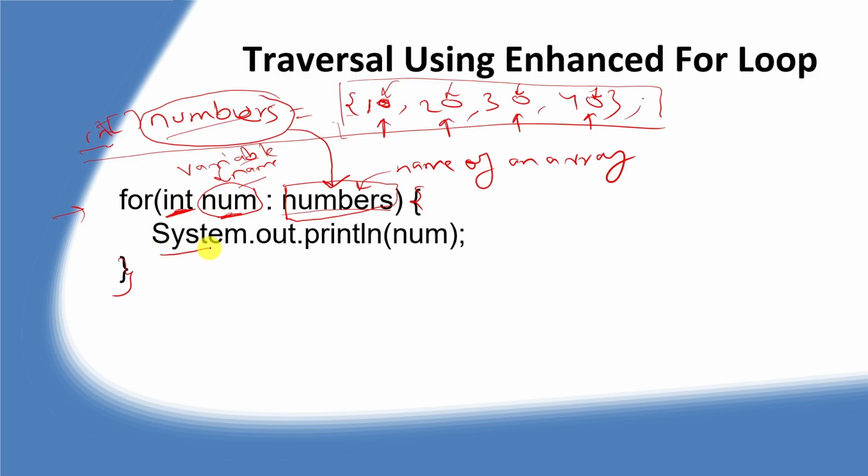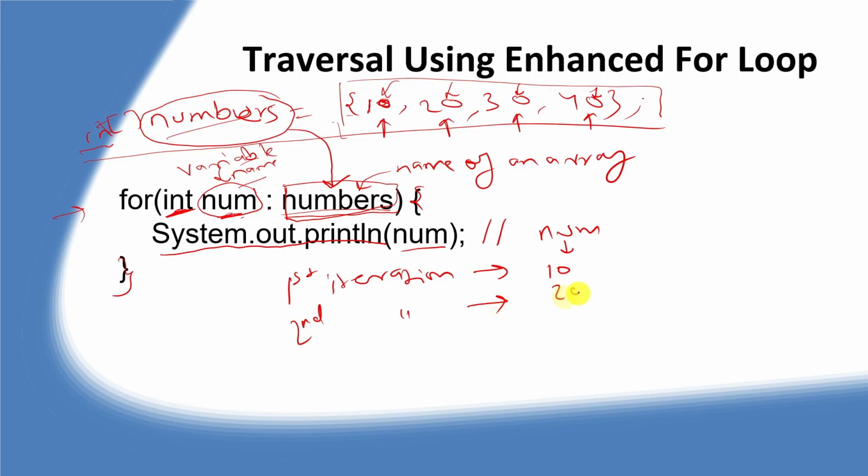Inside the loop we just have a print statement, and we are printing the value of num, that is the value present inside the array. In every iteration we will get a value. For the first iteration we'll get num value as 10. For the second iteration we'll get 20.